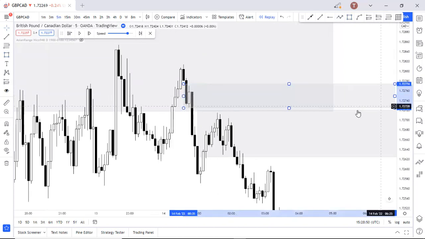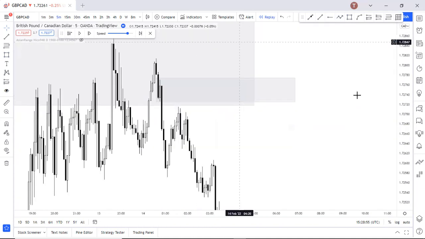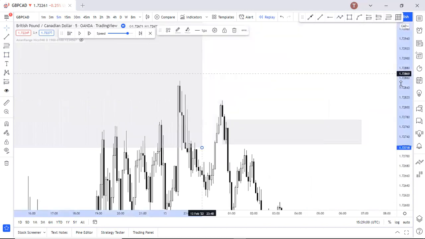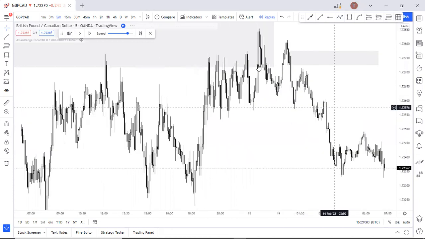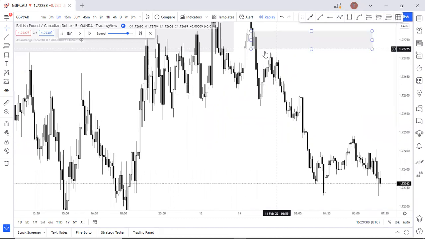So I decided to take this one out and mark this 5 minutes supply zone instead. And this was unmitigated, and it has a little imbalance right here.